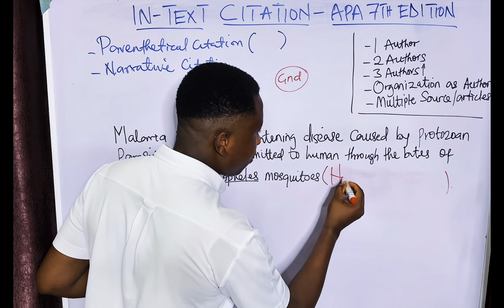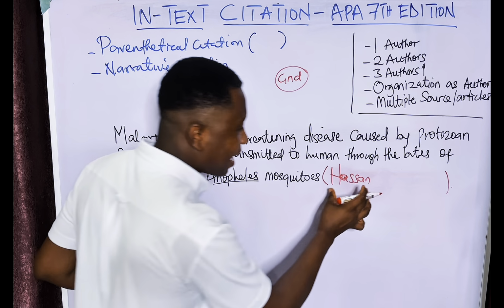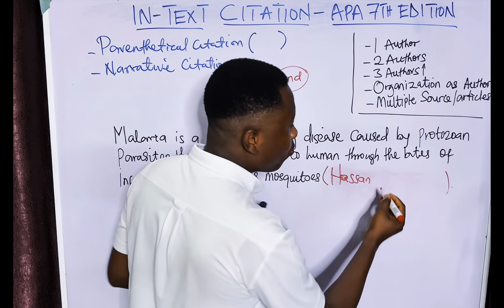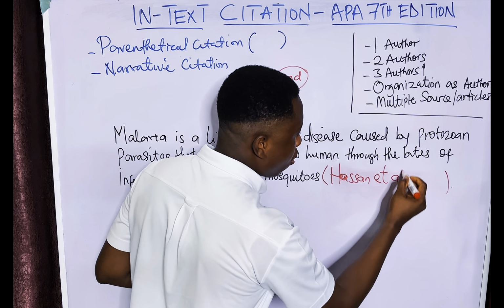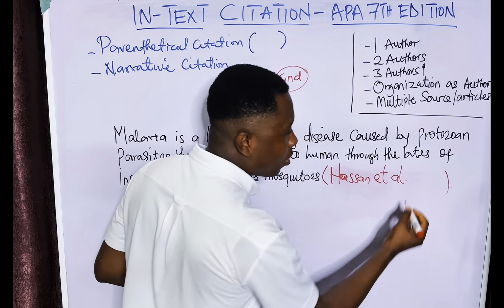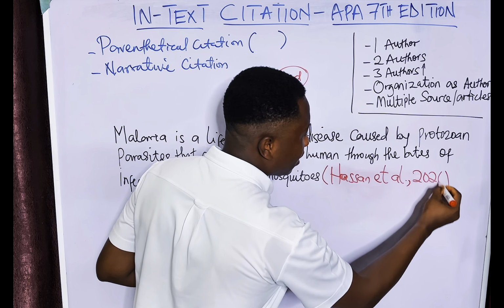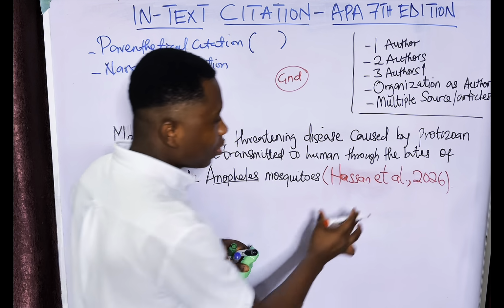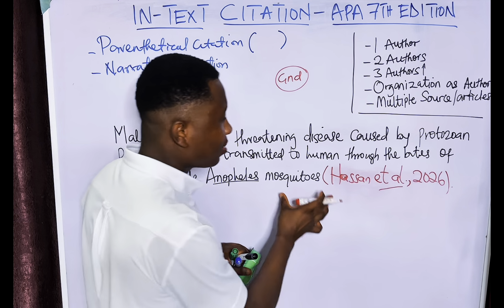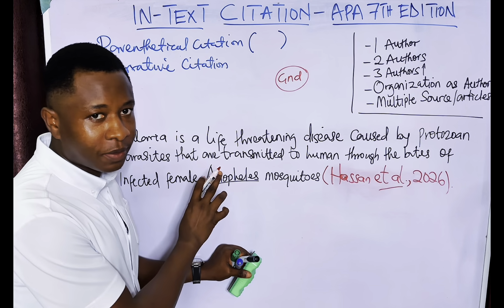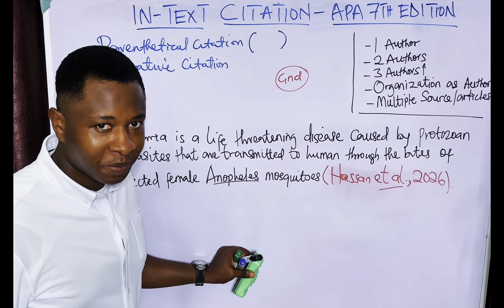Let's assume the primary author is Hassan. Hassan comes, then we have what we call et al., a comma, and the year 2026. This already tells you that there are more than two people that carried out this research. So this is how you cite three authors and above.